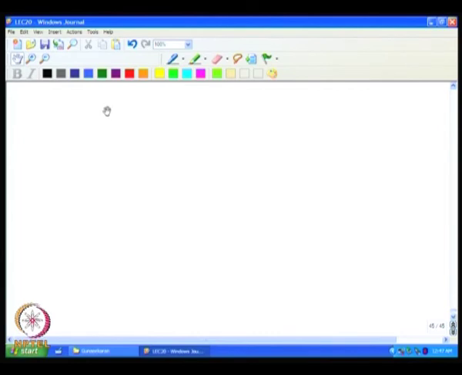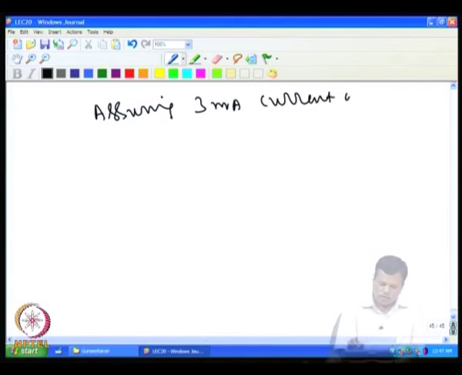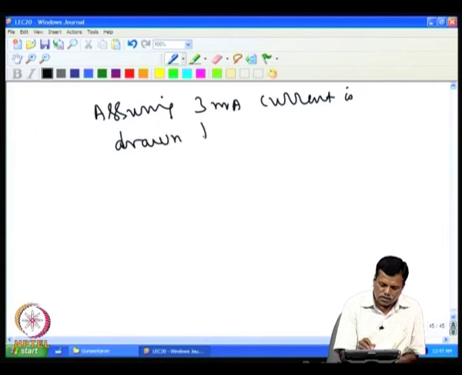So, we assume 3 milliampere current is drawn by the rest of the circuit.